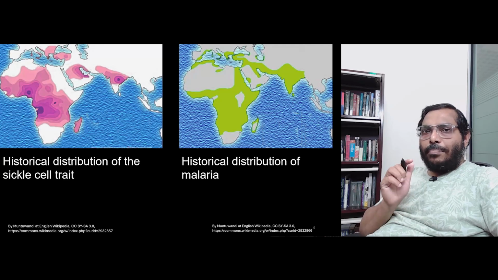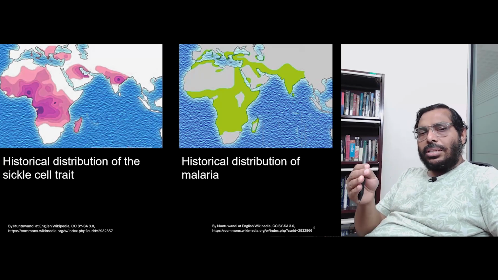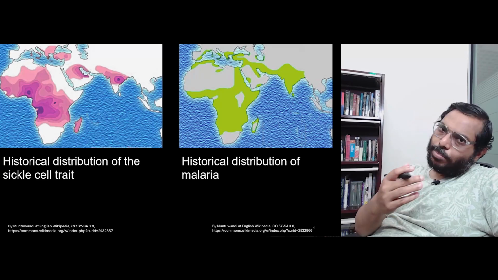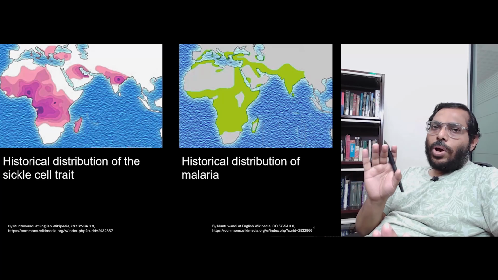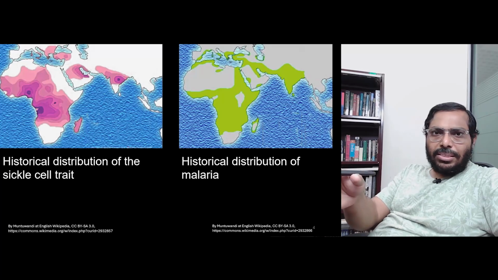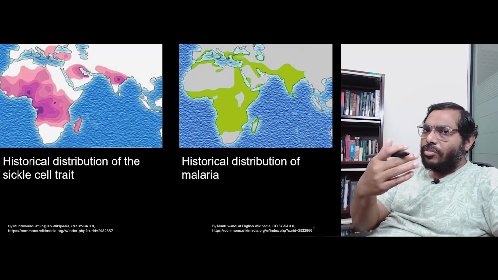It turns out that the malarial parasite is not able to invade the RBCs of these AS individuals, because of which they have a very good amount of protection against malaria. So, the way the whole thing is happening is that if you are an AA genotype, then you are normal, but in places like these, you are going to have a very high rate of death because of malaria.